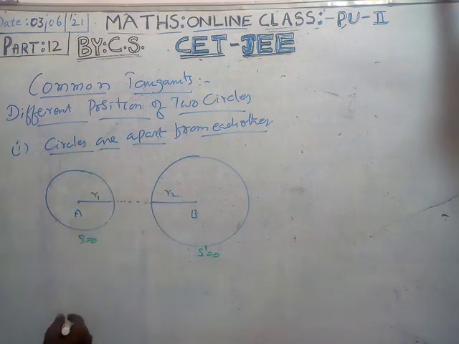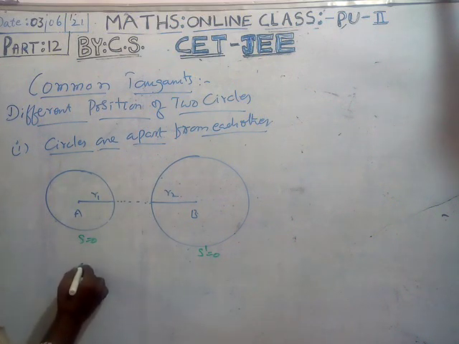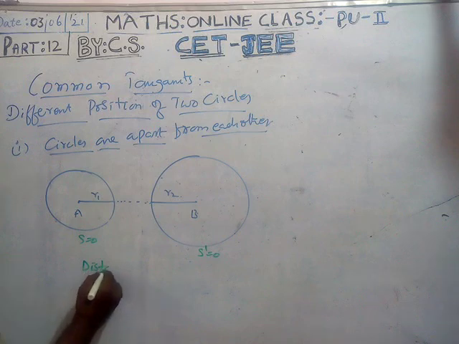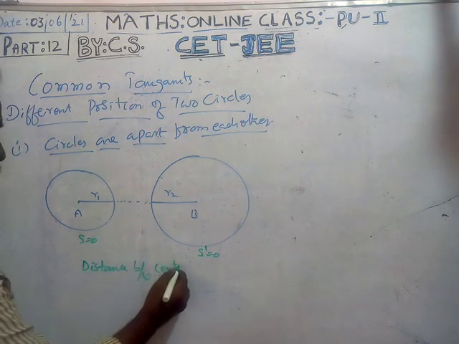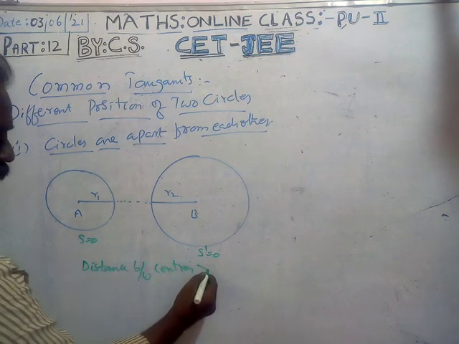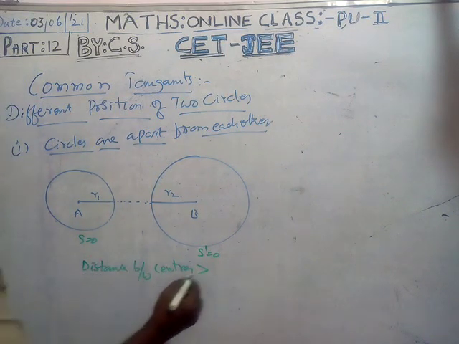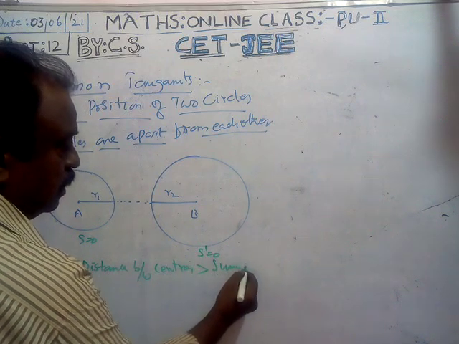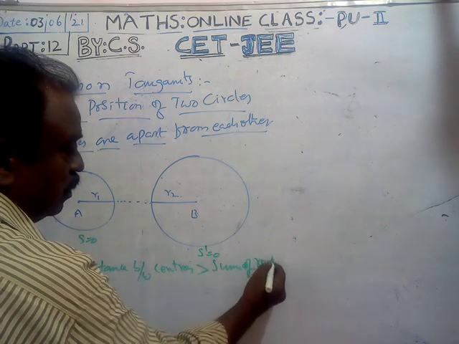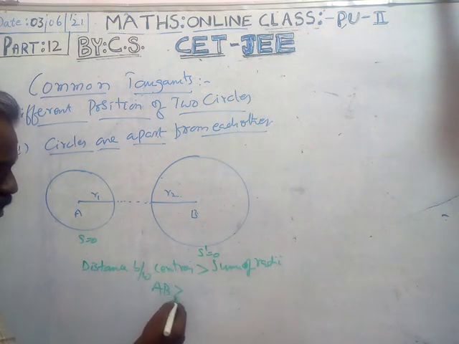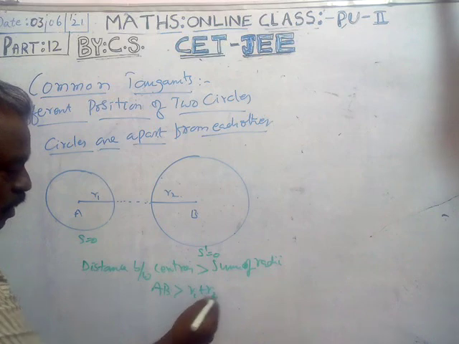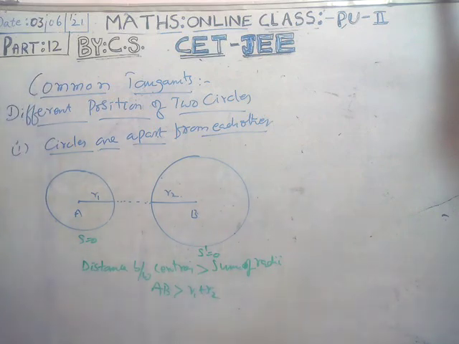You see, here the distance between centers is greater than the sum of radii. AB is greater than R1 plus R2.